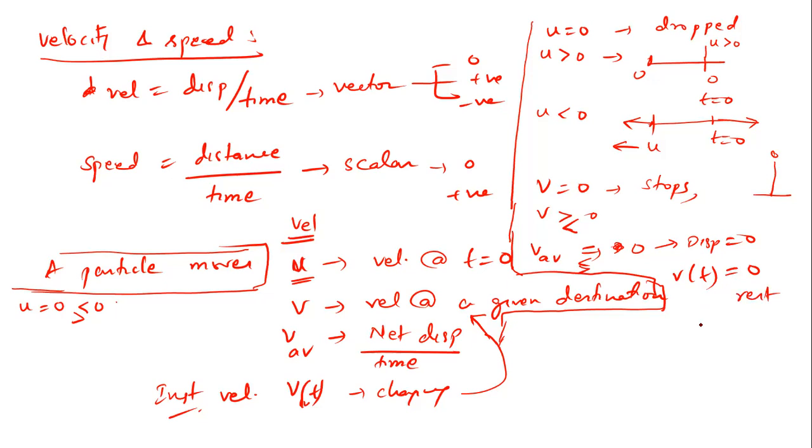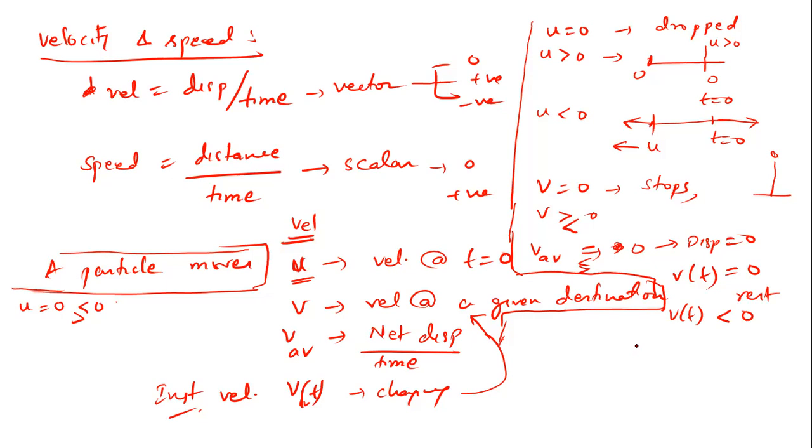If v of t is less than 0, what do you mean by that? Is the velocity reducing, increasing? It is not going in the same coordinate direction. Yes, it is going in the opposite direction.